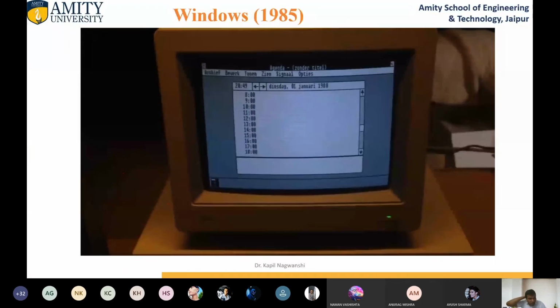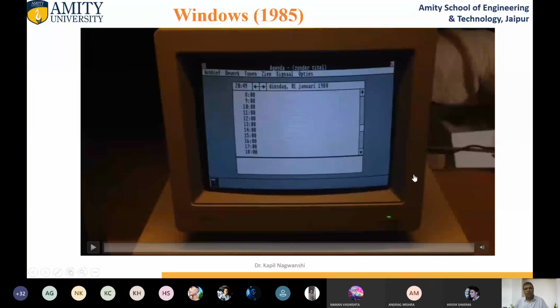This is how Windows will be there for you. With this, we close the computer fundamentals slide or topic, and now it is a request from all of you. If you have any questions, then you can ask.